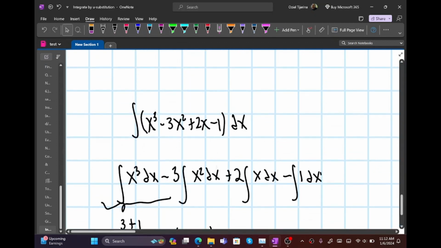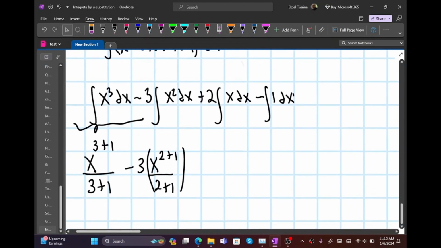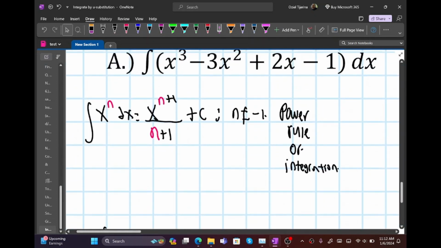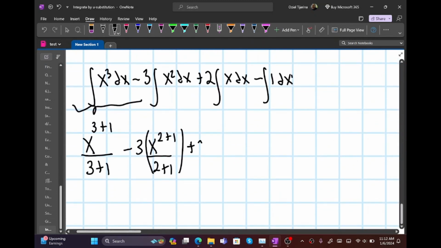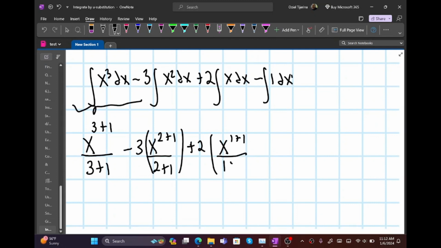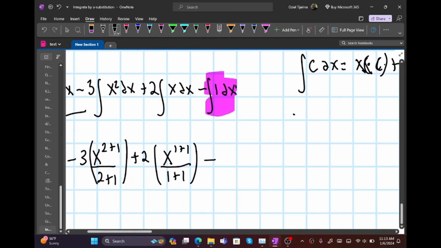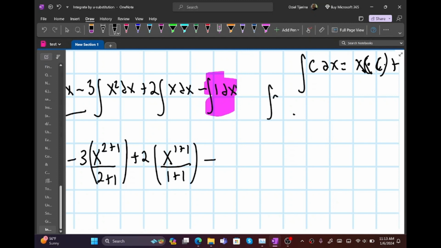I'm just using this rule here, guys, for the power rule of integration, and then plus 2 times x to the 1 plus 1 over 1 plus 1, minus the integral of 1. For any number, for example, if we had the integral of 2 dx, this would be 2x. If we had the integral of 3 dx, it'd be 3x. Since it's just 1 here, it would just be x, because it's 1x.